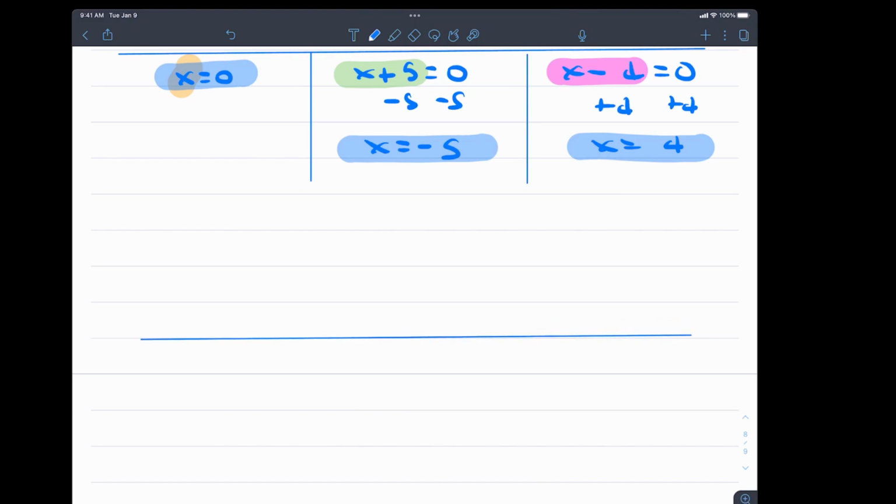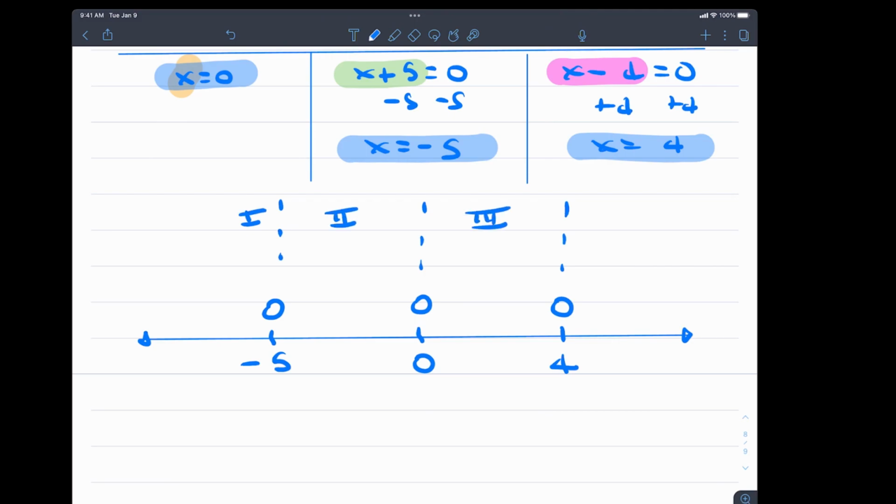So you draw your real number line, and now we have three values. We have negative 5, 0, and 4. This is where this product is 0. Region 1, region 2, region 3, region 4 now.